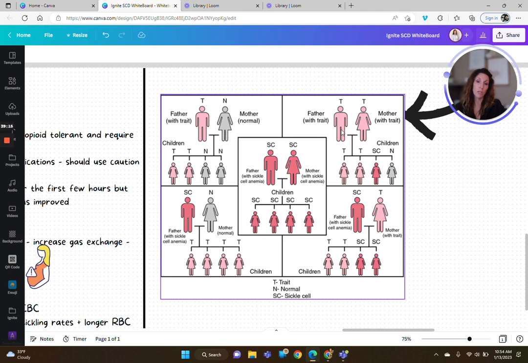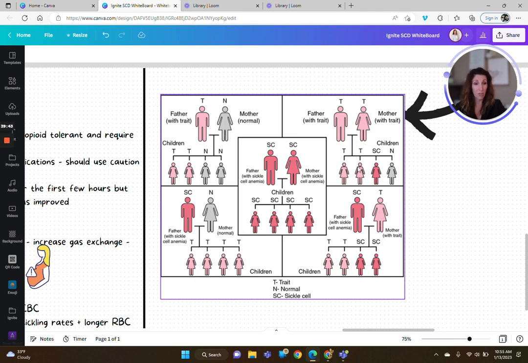they're going to have two offspring that get one abnormal and one normal gene. Because these people have one normal and one abnormal gene, but one of their children is going to inherit the abnormal gene from each parent. And then one will inherit the normal gene from each one.